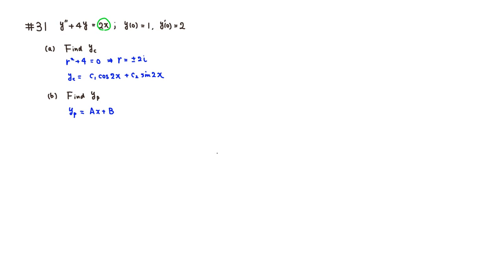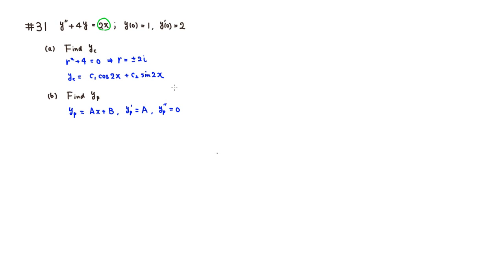To do that, we just have to look at the derivative. So y sub p prime is simply a, and y sub p double prime is equal to 0.